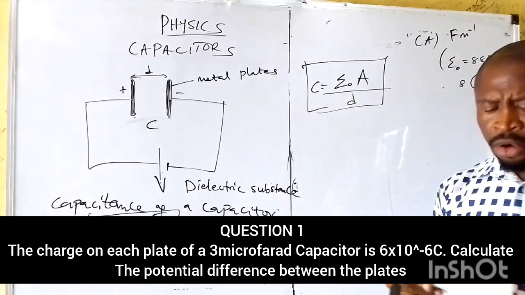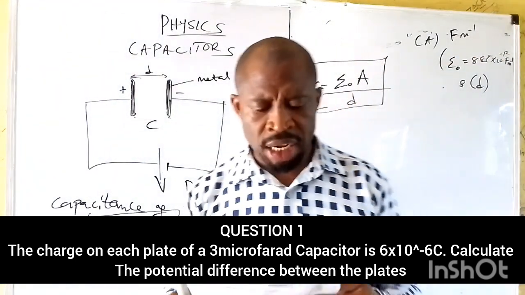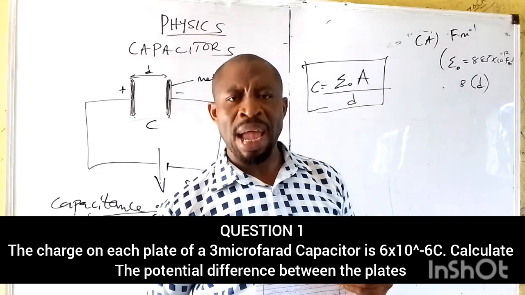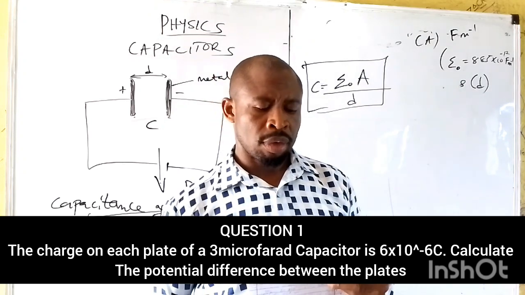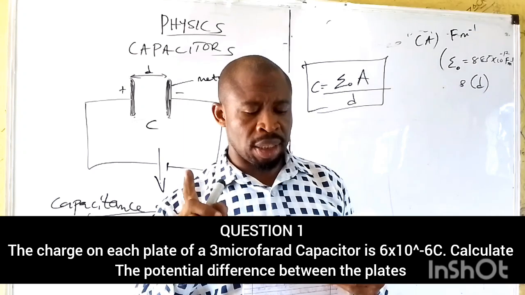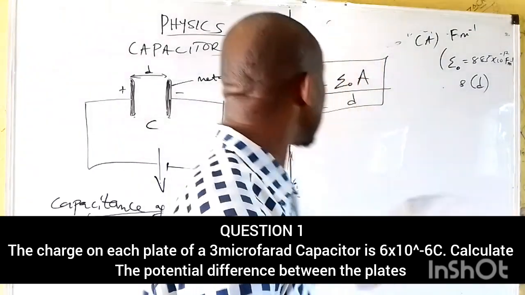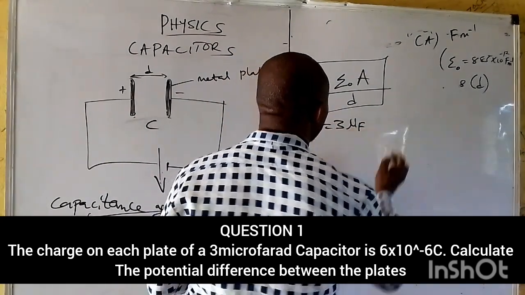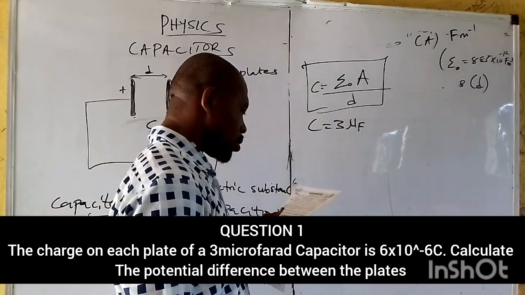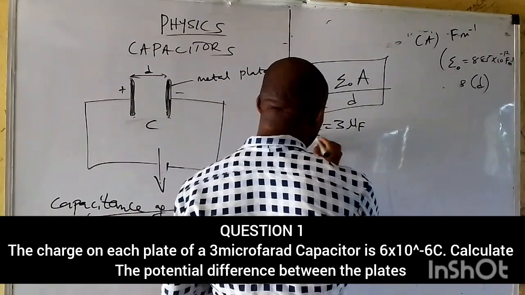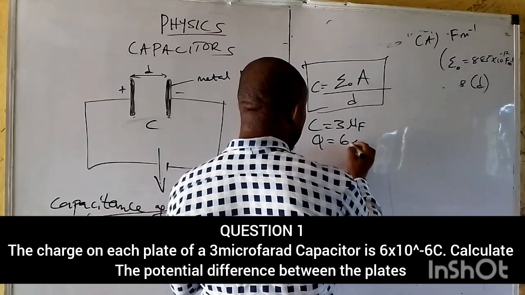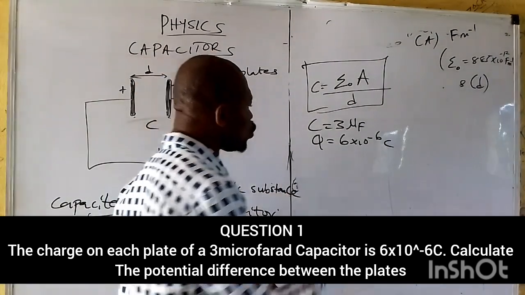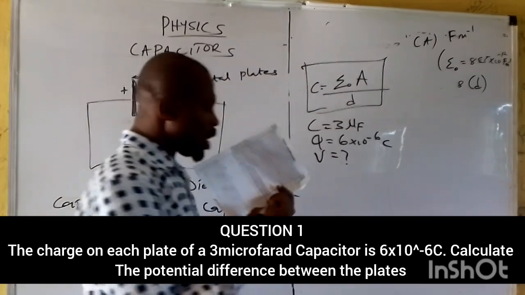The first question: the charge on each plate of a 3 microfarad capacitor is 6 times 10 raised to the power minus 6 coulomb. Calculate the PD between the plates.